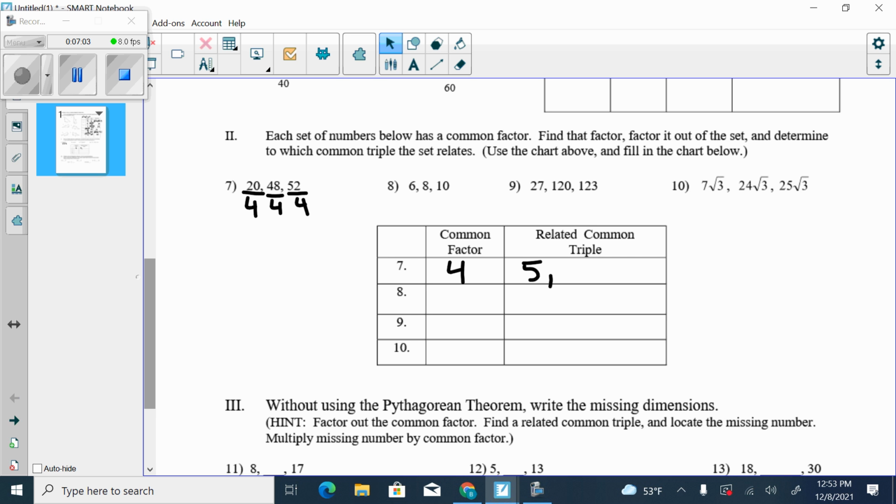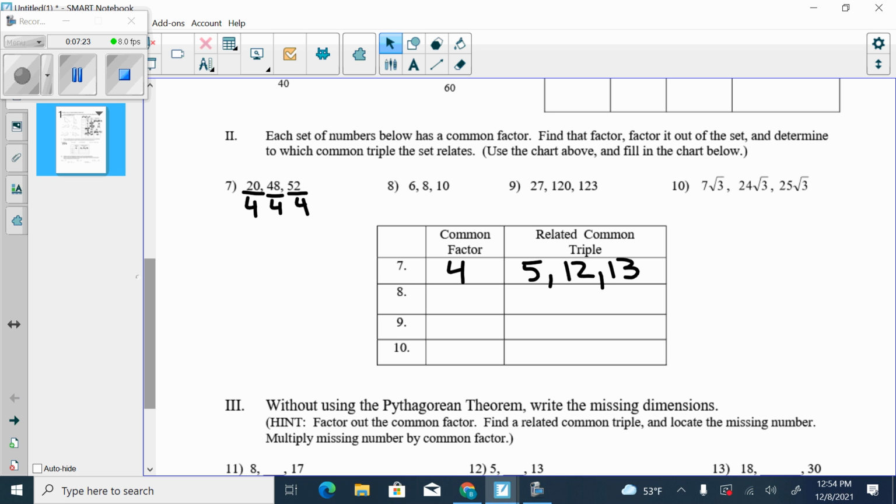Okay, 48 divided by 4. And 52 divided by 4. Very good. So 5, 12, 13 is one of the very common Pythagorean triples that you will see. If you have it memorized, you won't have to do Pythagorean theorem to find the missing side.